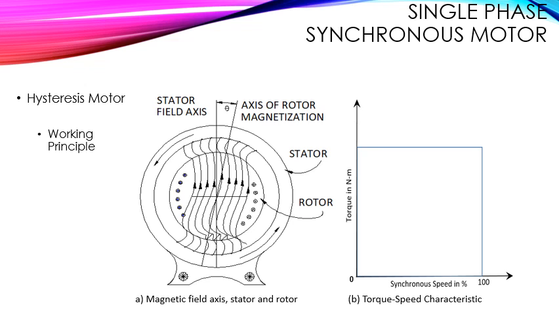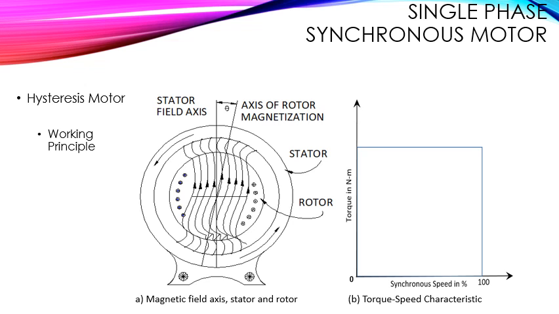That means the hysteresis torque Th is directly proportional to phi s times phi r times sine of theta, where phi s is the stator flux, phi r is the rotor flux, and theta is the angle between the rotor magnetization axis and the stator field axis.